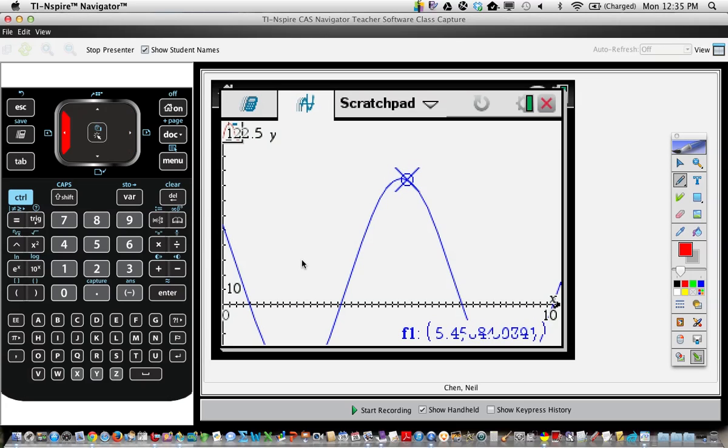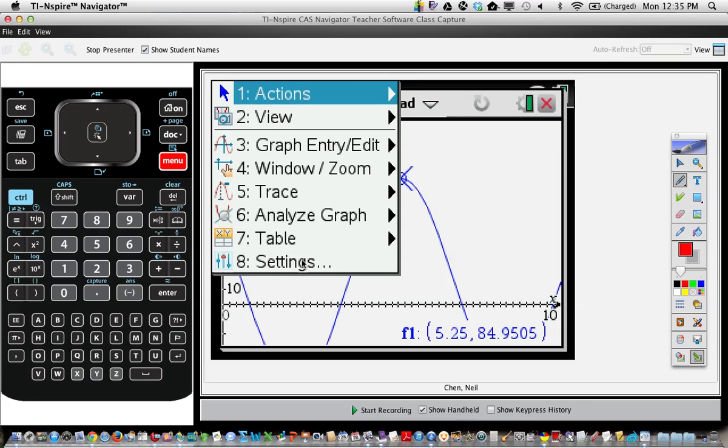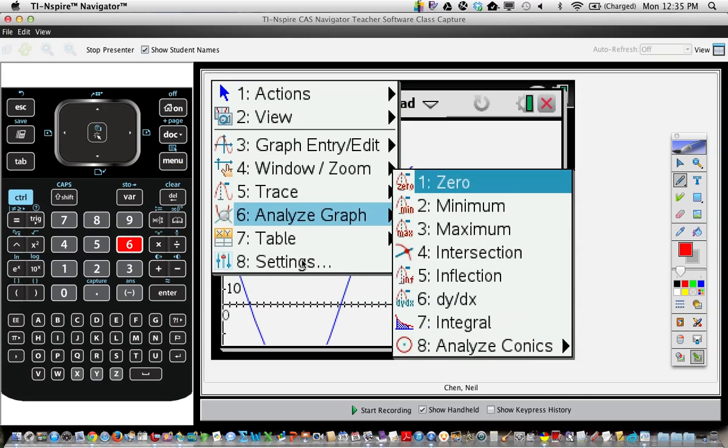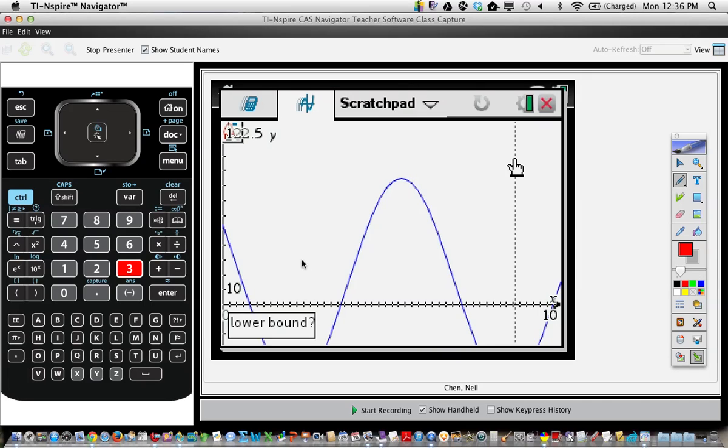Well, let's talk about what you do if it doesn't do that. It's pretty simple to do. So if you're tracing along and it's not finding the maximum, it's not showing in yellow there, saying maximum, just go to menu. Go to analyze graph. Choose maximum. Number 3. And it's going to ask for the lower bound.